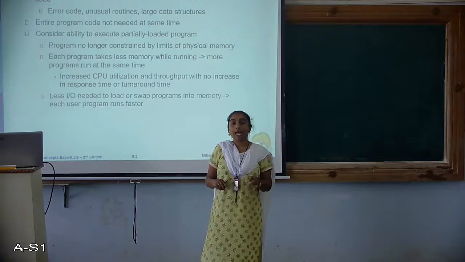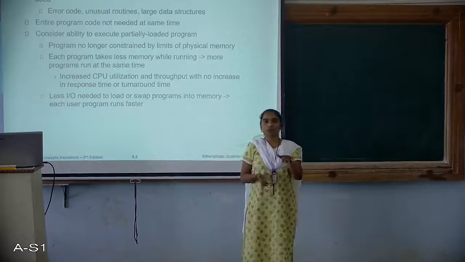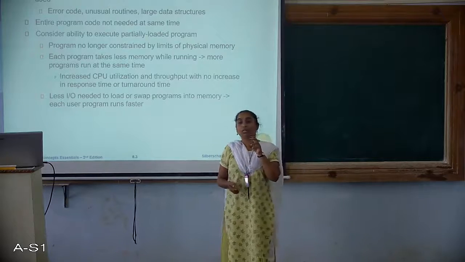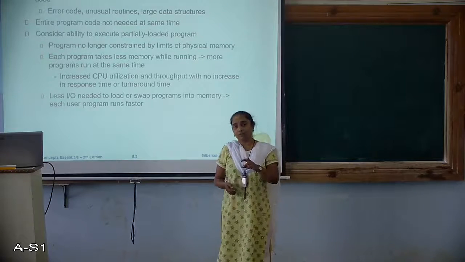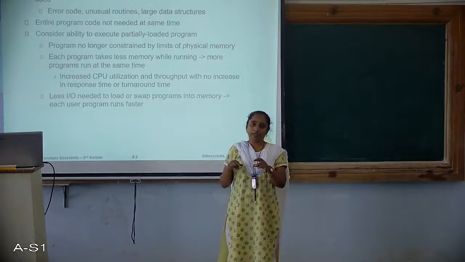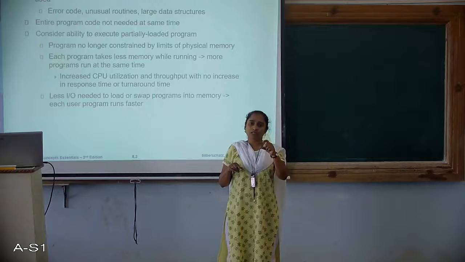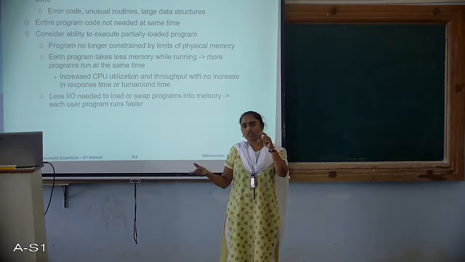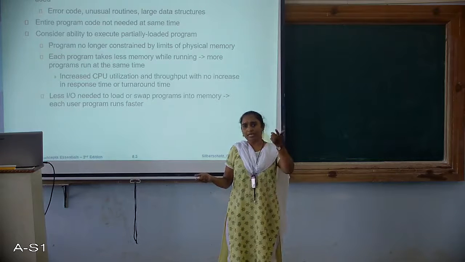Swapping can be reduced because more of the processes are in the main memory, but only the core of them is there, and as and how you require the other pages, you load them into the main memory. When one section is executing, the other section is not needed.